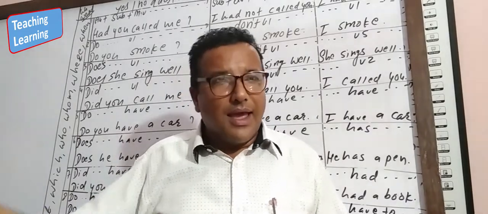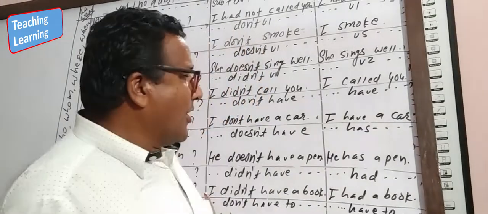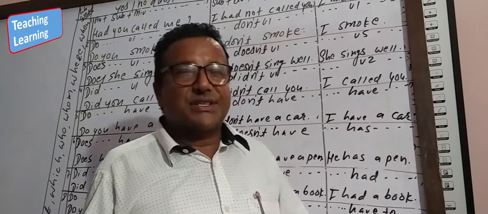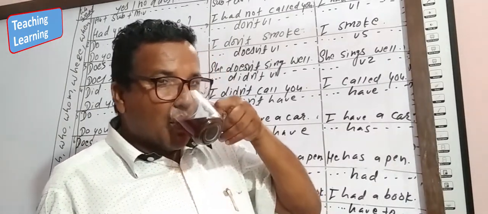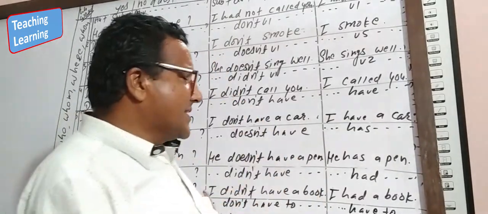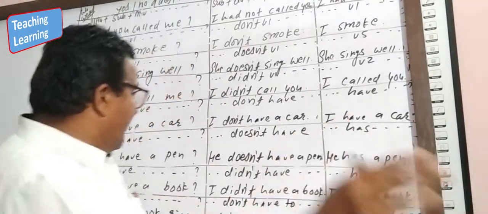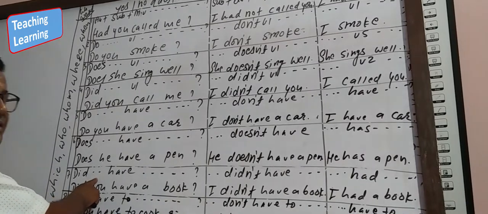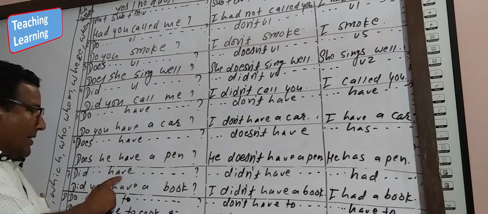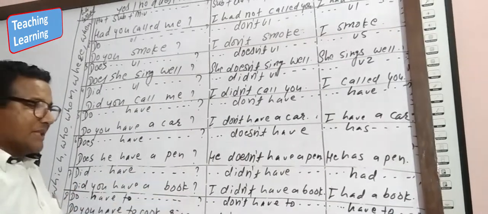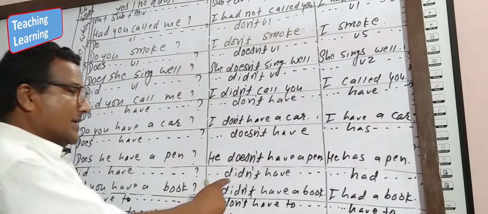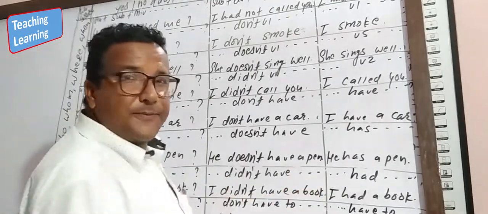Does Kapil have a Mercedes car? No, Kapil doesn't have a Mercedes car. Yes, Kapil has a Mercedes car. If the question is asked using did at first and have after the subject, then the negative answer is didn't have, and the positive answer is had.